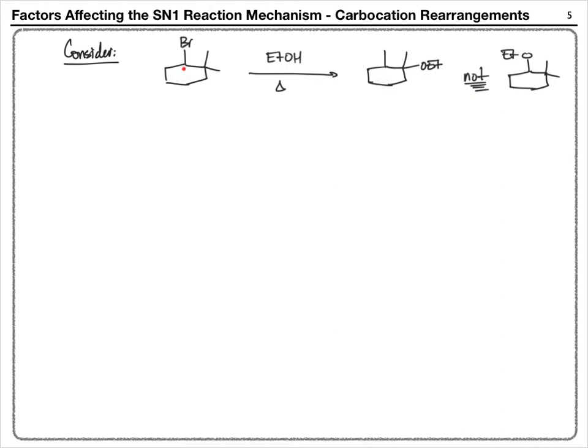So what is the classification of the halogen? So it's a secondary bromide. But it's also neopentyl. And again, what do we mean by that? Neopentyl is basically this position here where you have a tertiary carbon next door.